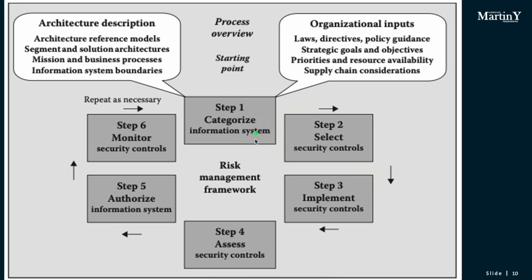Once we decide what security controls we want to implement in order to protect our organization, the next step is to implement them. We will have some sort of deployment strategy for implementing the security controls that are already completed, and this strategy would involve the time frame and the cost for implementing that. Then we go to step 4, where we assess the security controls, which means that we're going to start working with them in order to manage the risk.